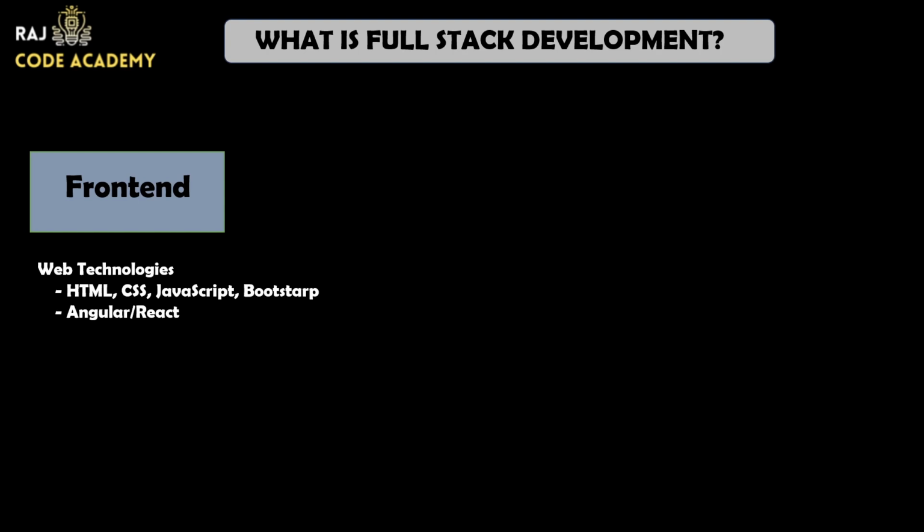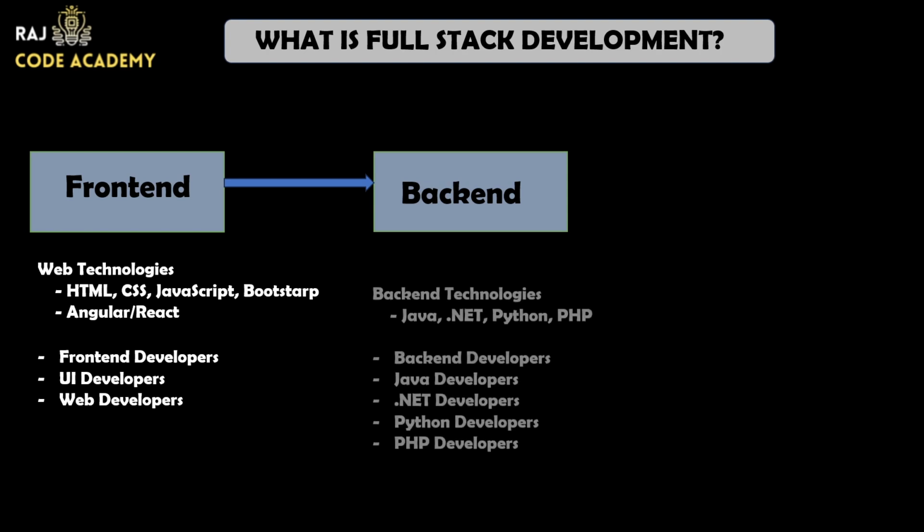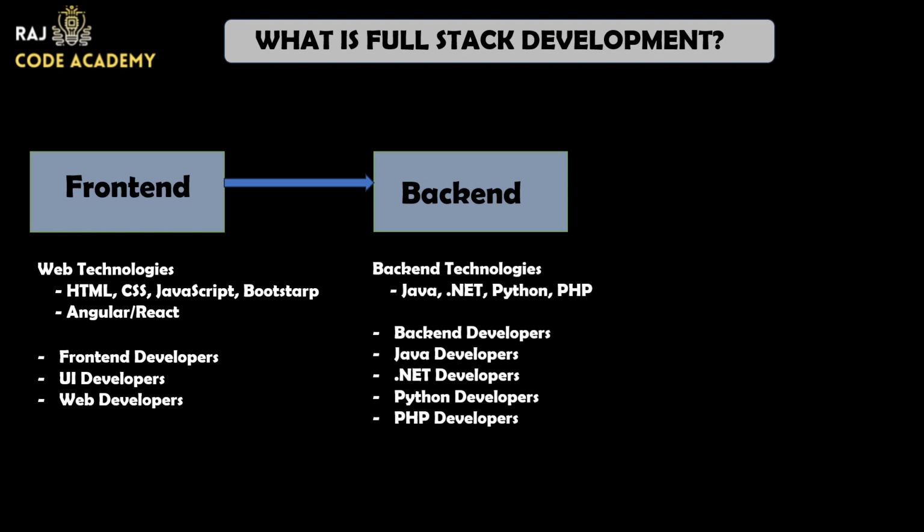The people who take care of this front end part, we call them front end developers or UI developers, that is user interface developers, or web developers. Now from the front end, we are going to send the request to the backend. The backend is going to process our data, and the people who take care of this backend, we call them backend developers.